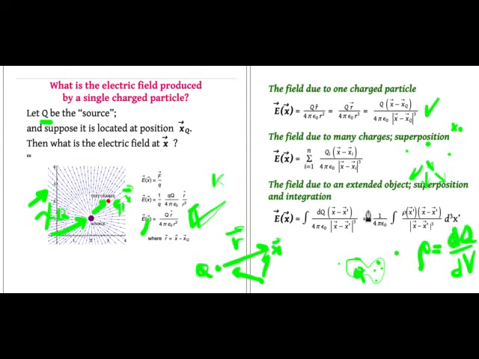And if I had a 3-dimensional object, I would have to do this 3-dimensional integral. Sometimes I have 2-dimensional objects, like a disk, or 1-dimensional objects, like a rod, and then I can introduce the charge density for that system and integrate over the area of a disk or the length of a rod.